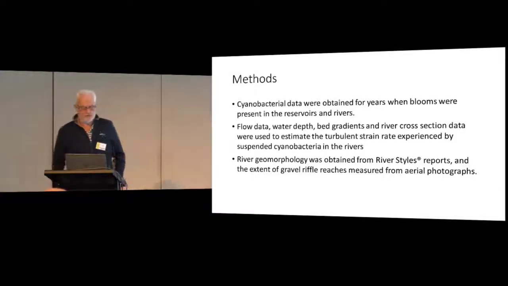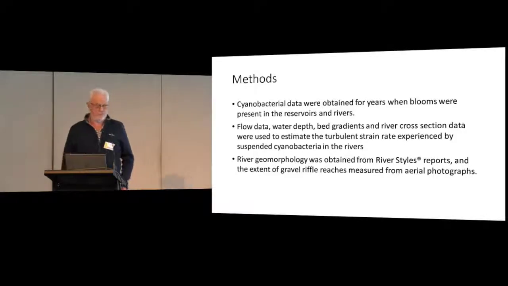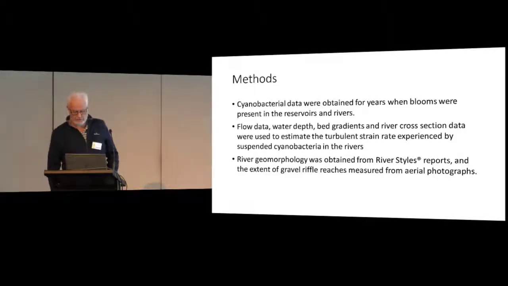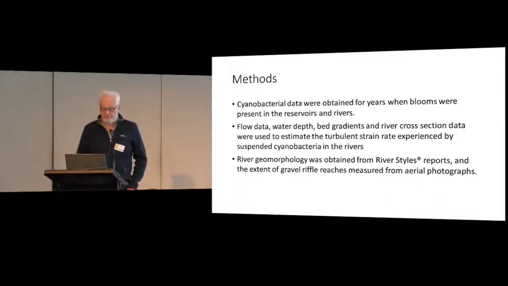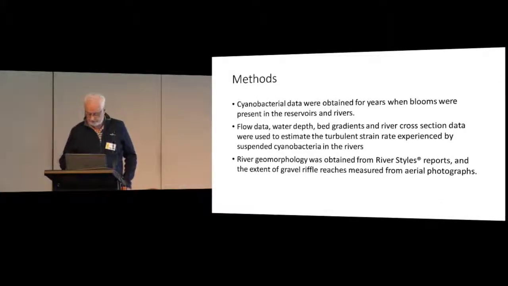And the river geomorphology was obtained from previous river styles reports done by my previous employer, DPI Water, plus its predecessors, and also the extent of gravel riffle reaches was measured from aerial photographs.